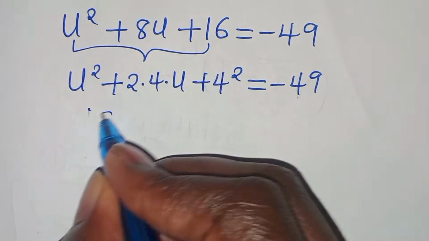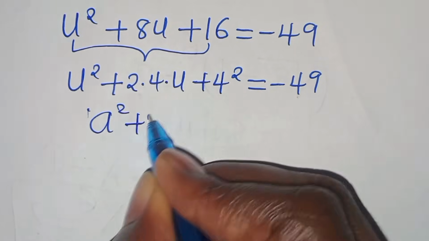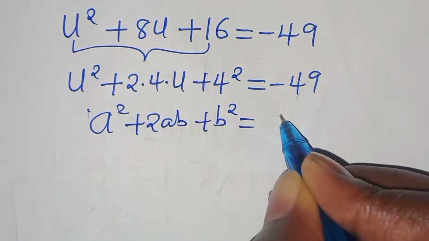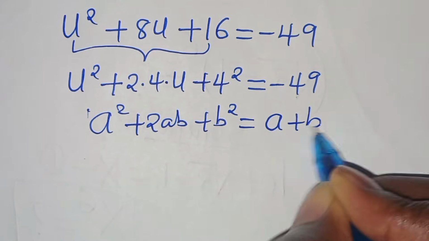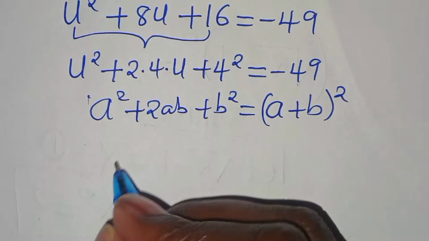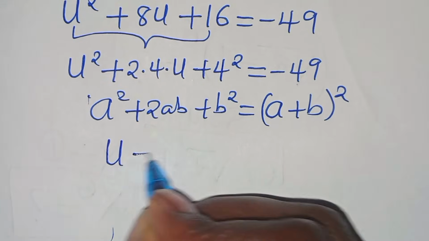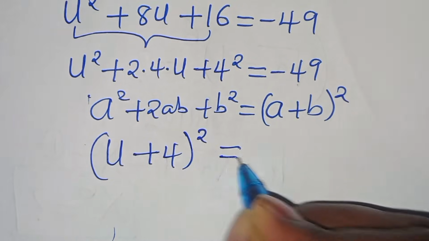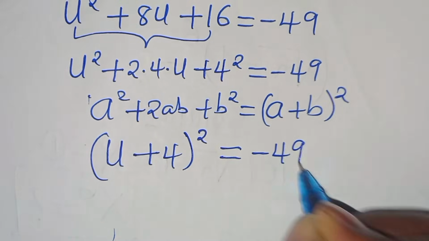This is in the form a^2 + 2ab + b^2, which can be expressed as (a + b)^2. Here we can express this as (u + 4)^2 = -49.